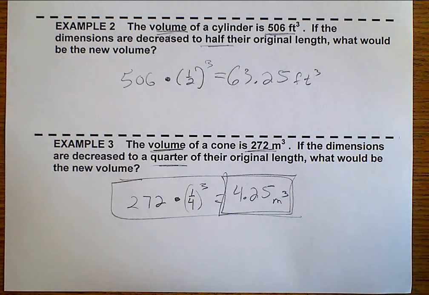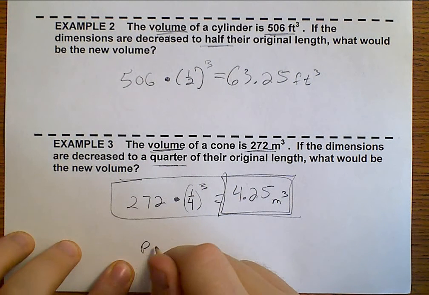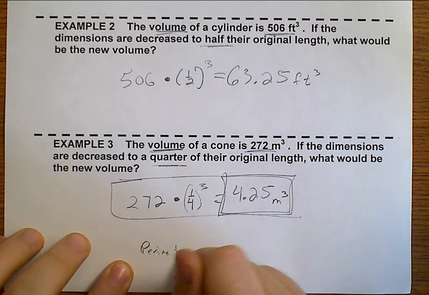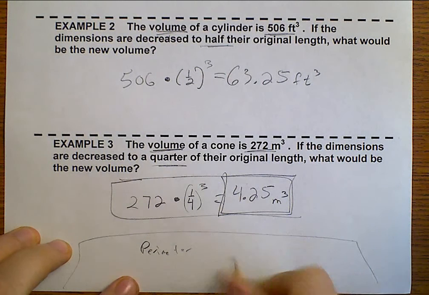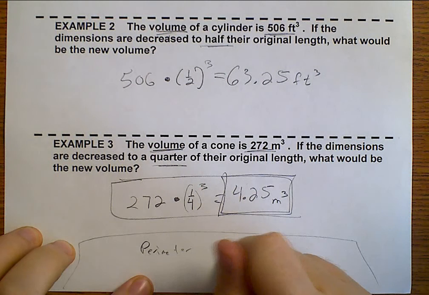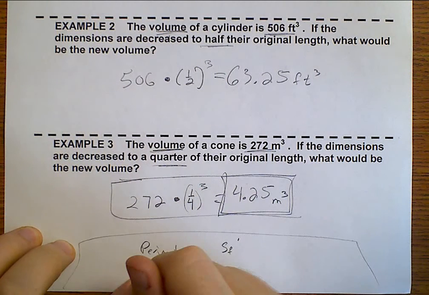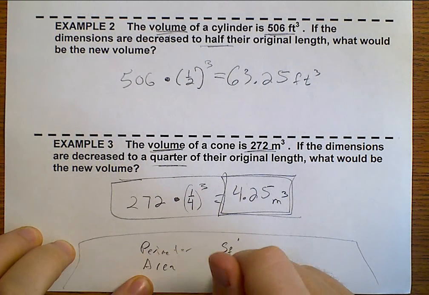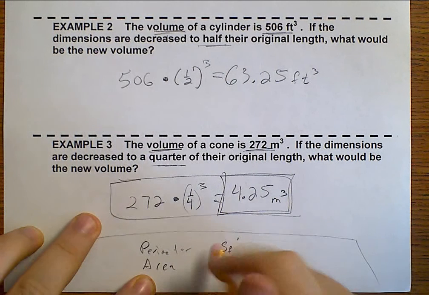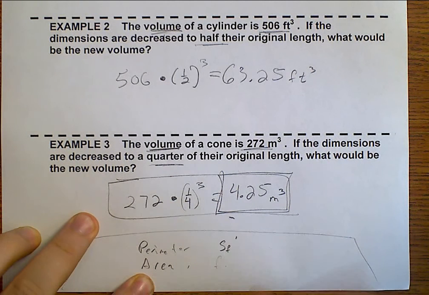So remember, for perimeter, it's the scale factor to the first. Area is our scale factor squared.